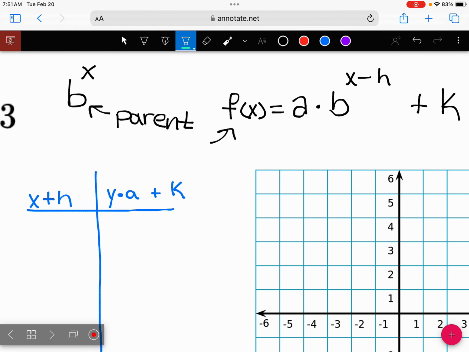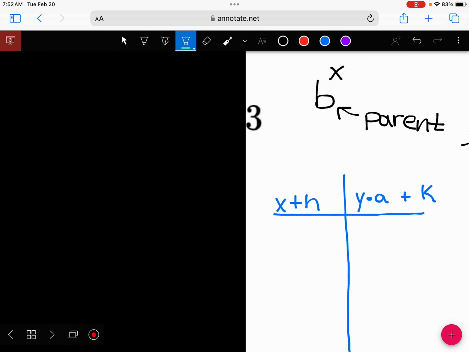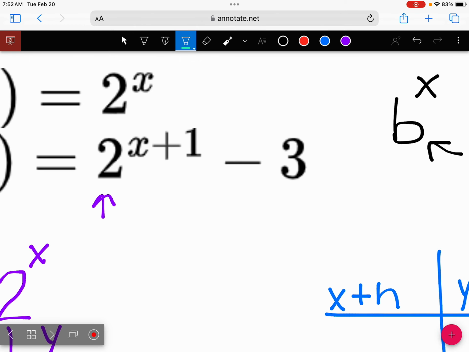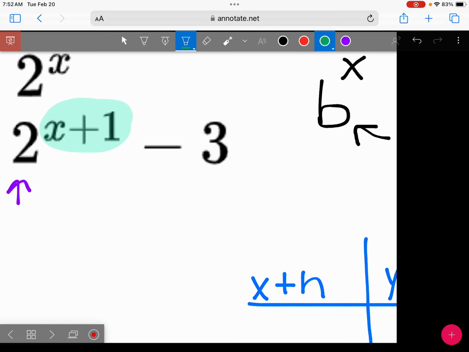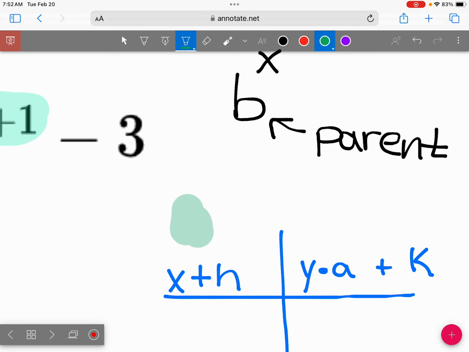So our h, again, still has that opposite sign and is in the exponent. So what is our h value on our function over here? -1. Our h is -1.